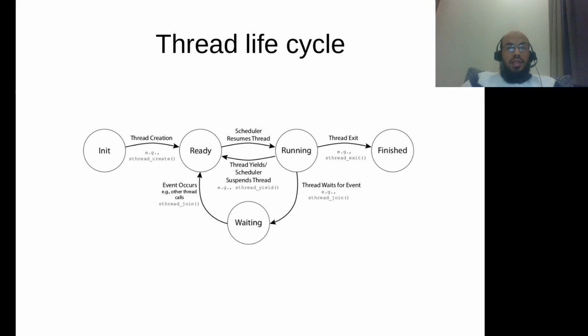But then a thread that is running has one of three options. It either exits, and that occurs when the CPU finishes what it is supposed to do, and the process, the thread, ends.